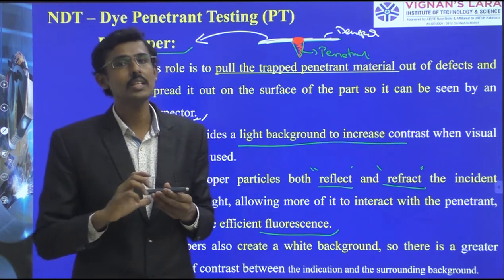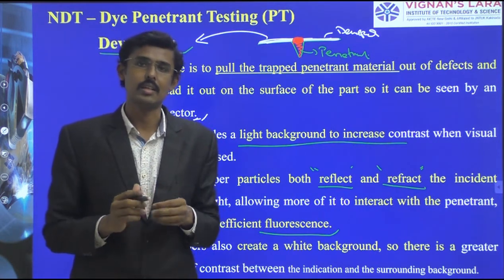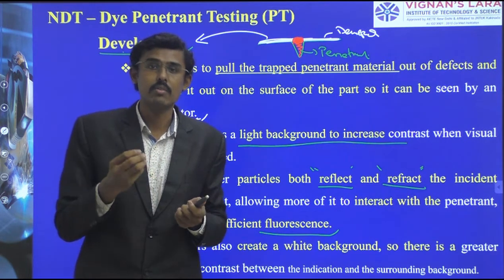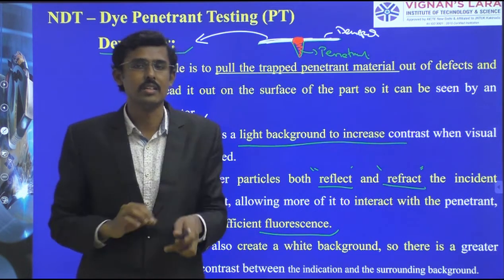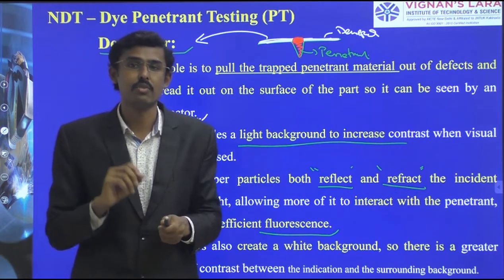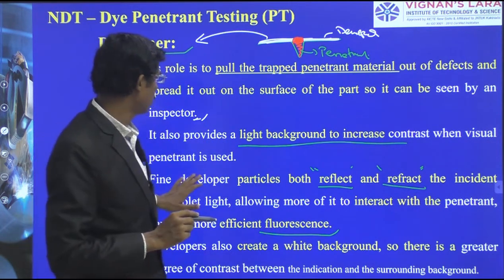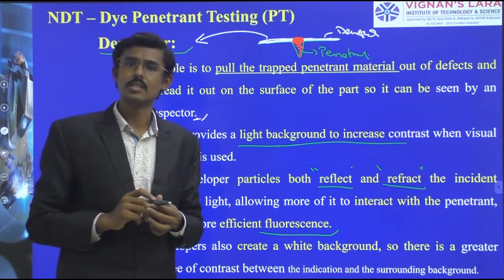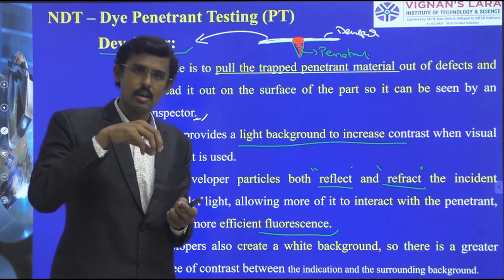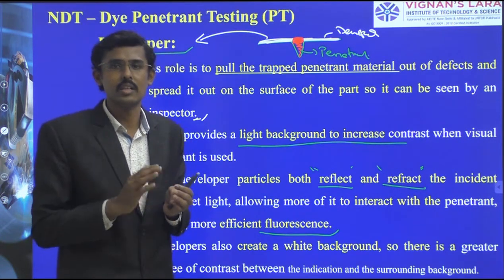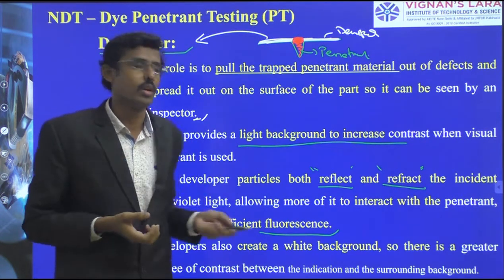But when we are using the fluorescent penetrant, we will get some brightness. You have seen the watches are all radiant. So when we are using such radiant fluorescence powders or liquids and applying ultraviolet rays, these rays are reflected more as compared to the normal penetrant. The fluorescent penetrant will reflect and refract more.